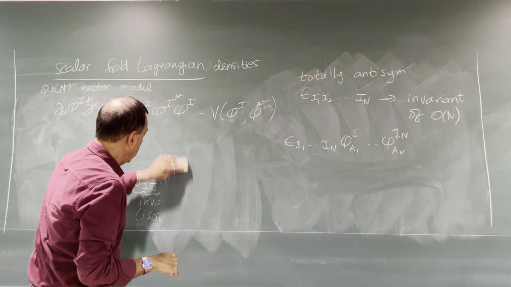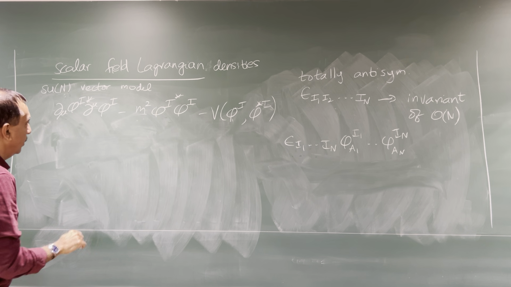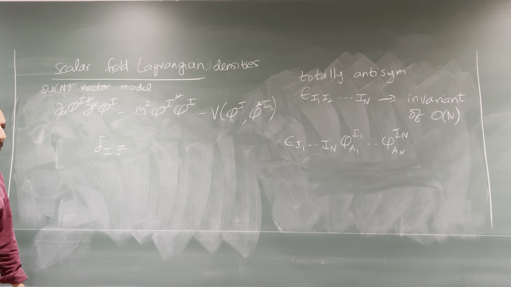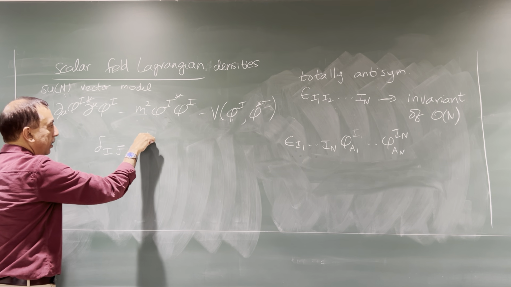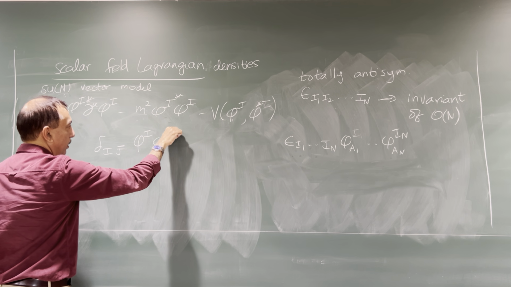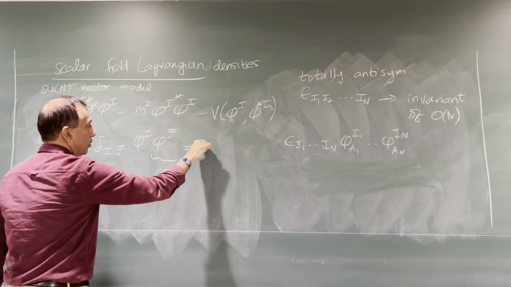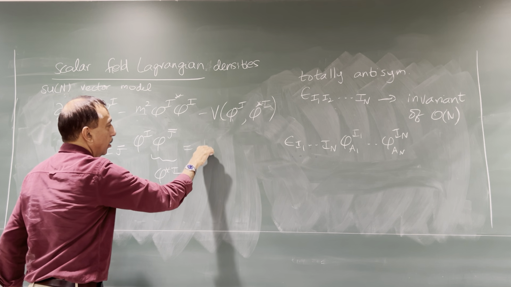Now SUN has an invariant identity, but we call it delta ij bar. This is very important because if I multiply this with phi I and phi j bar, remember this was phi star I, then this should be invariant.